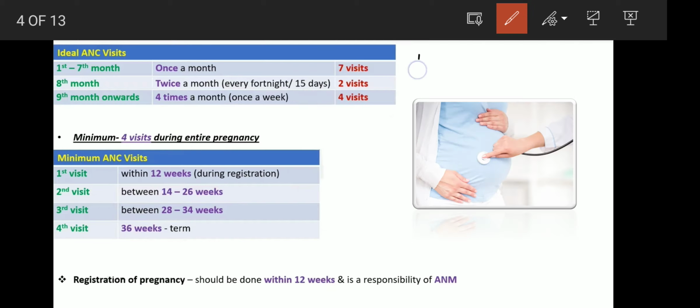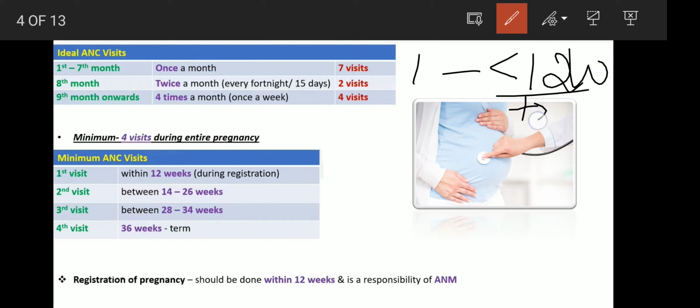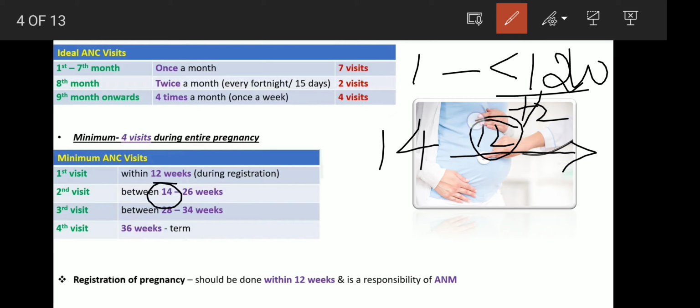So the first visit is within 12 weeks. Next, plus 2: 12 plus 2 becomes 14. So we got the second visit. Now add 12 to this, we get 26. Again plus 2, 26 plus 2 is 28.